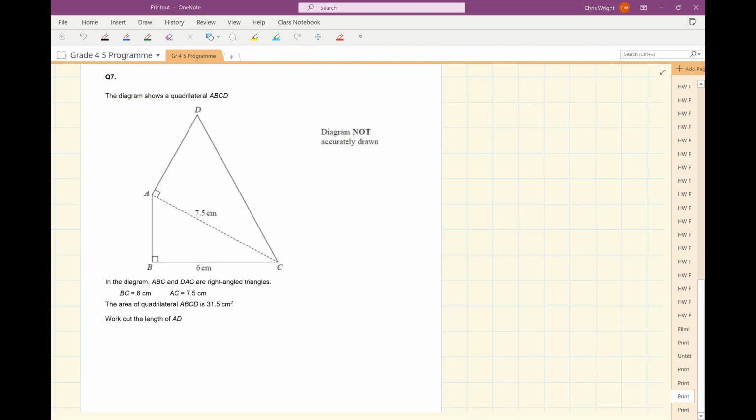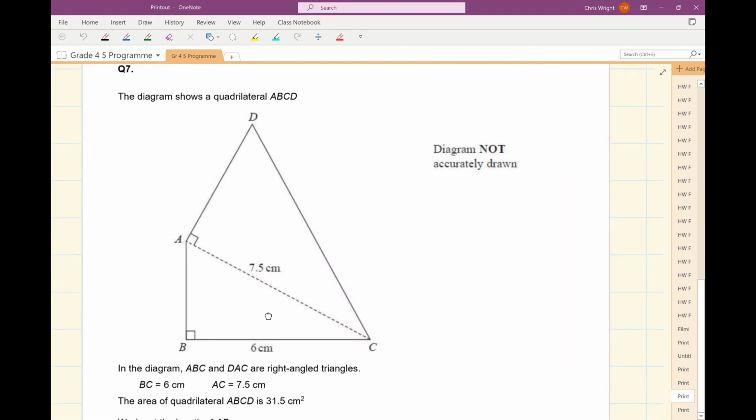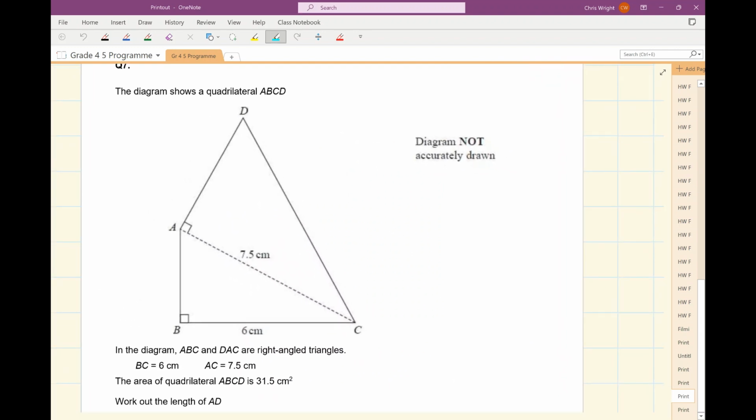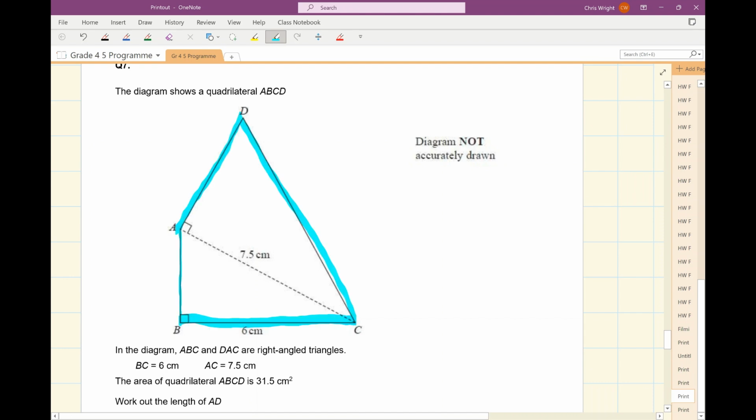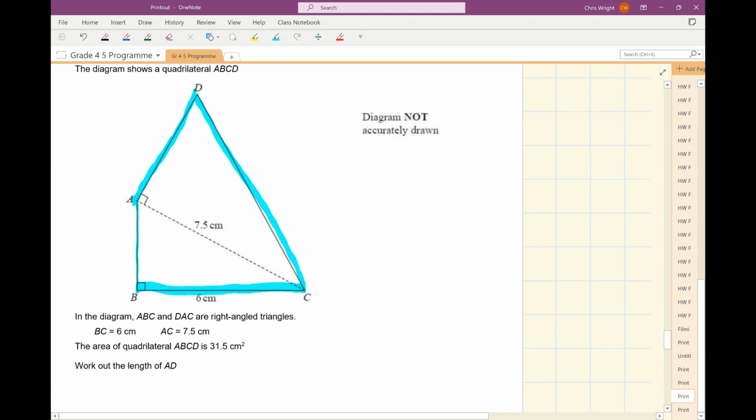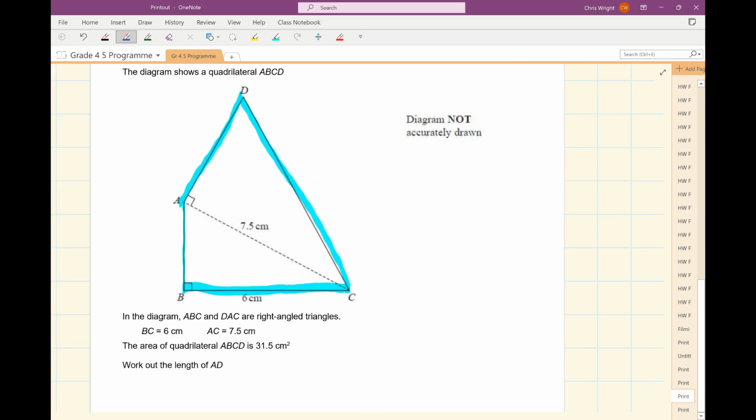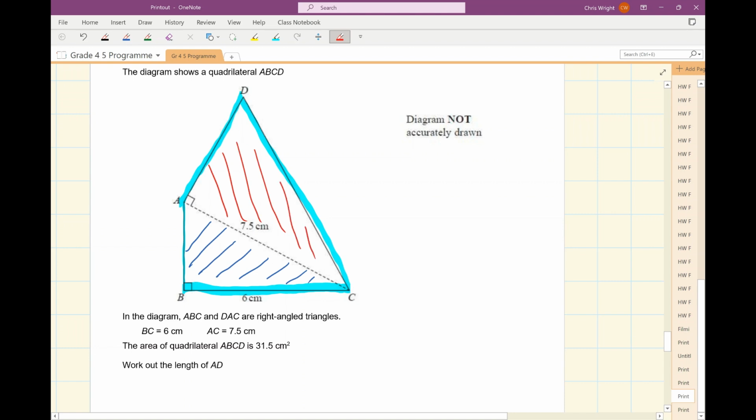Question 7. Right, the diagram shows a quadrilateral. That's a four-sided shape. A, B, C, D. There we are. There's the four-sided shape. Okay. In the diagram, ABC, that's this triangle, and DAC, that's that one, are right-angled triangles. Okay, I can see that. Look, they've labelled them right angles there.